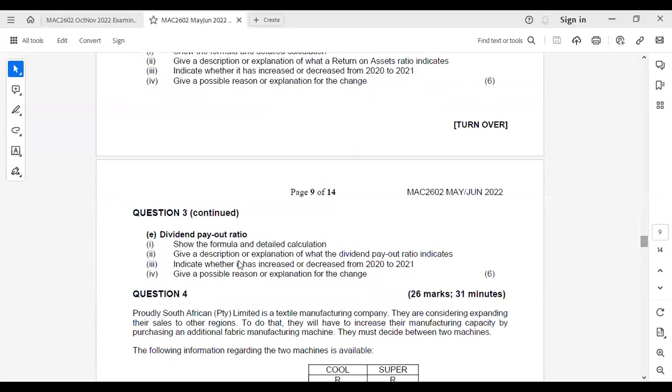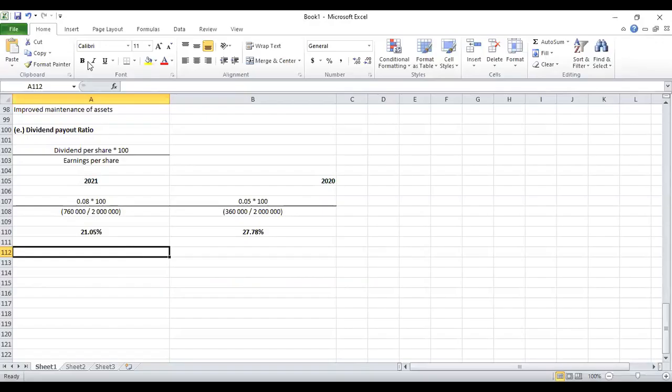It's the same thing. Our dividend payout represents the proportion of the profits that has been distributed as dividends for the year, distributed to shareholders as dividends.